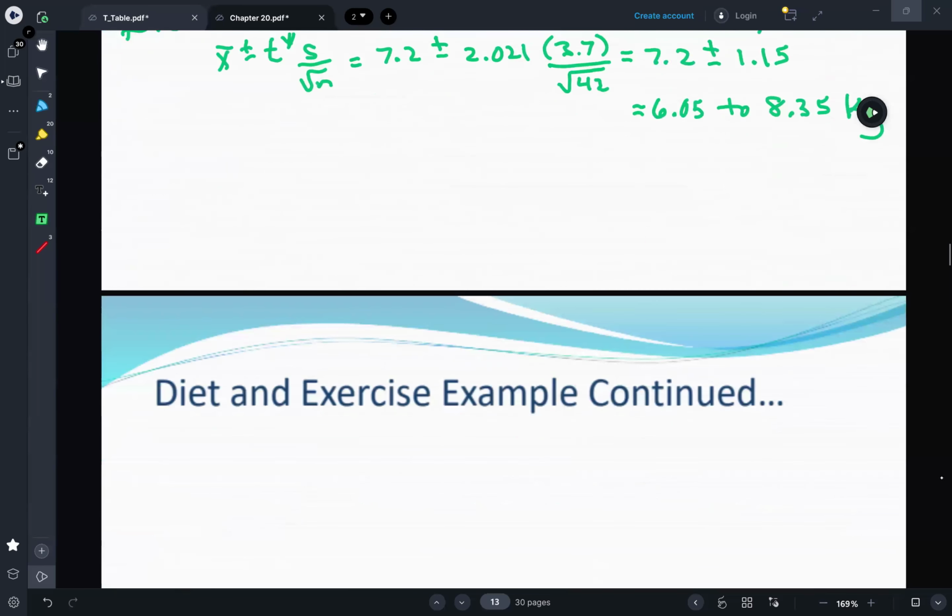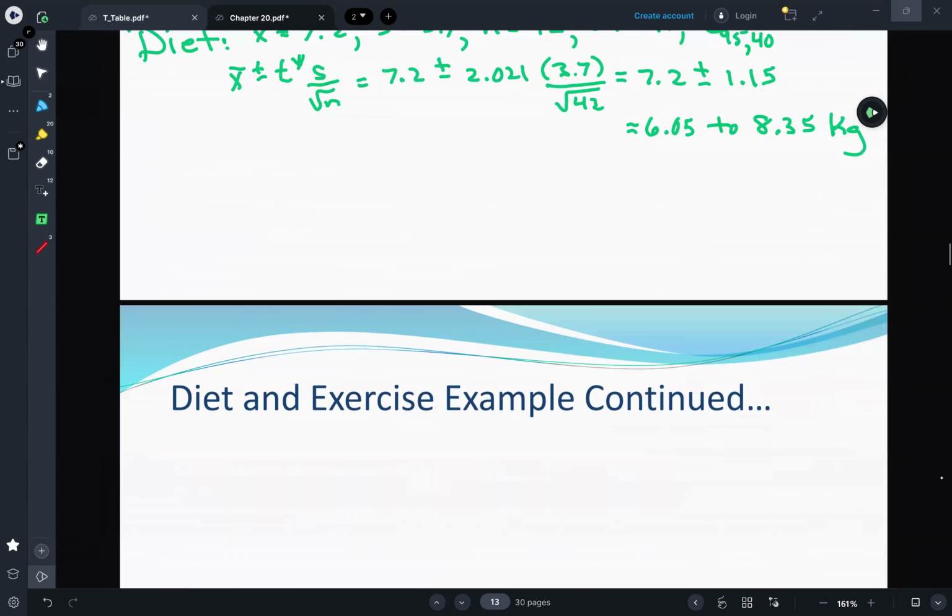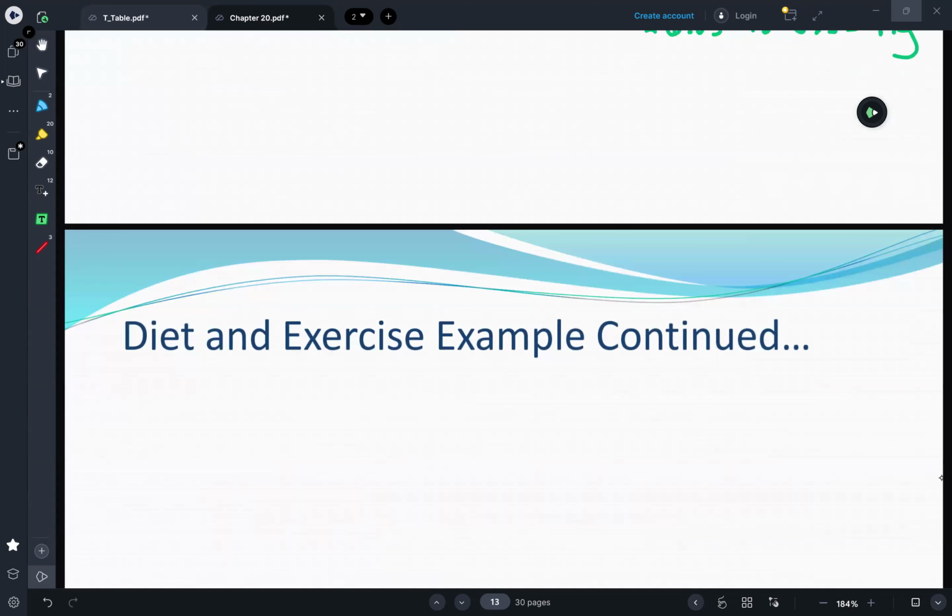So for the exercise, I'm going to do that on the next sheet. For the exercise group, we're going to have X bar equal to 4 kilograms, this time they lost 4 kilograms. S was equal to 3.9 kilograms.